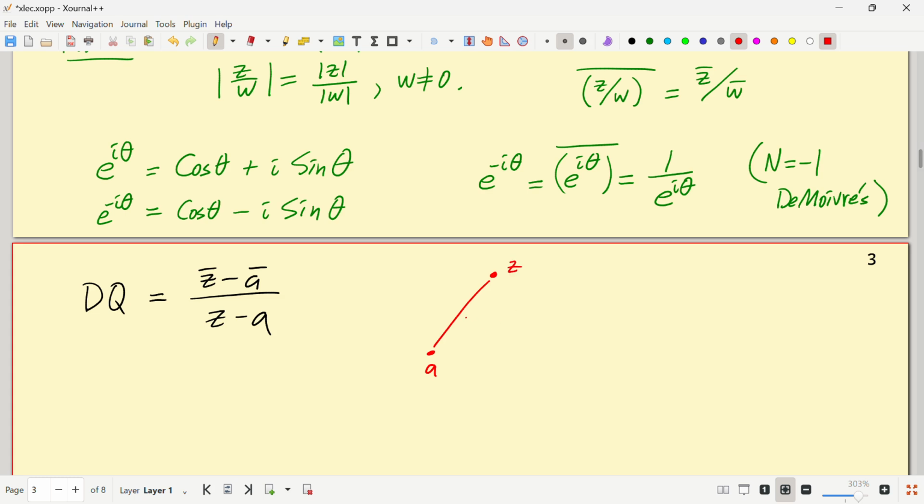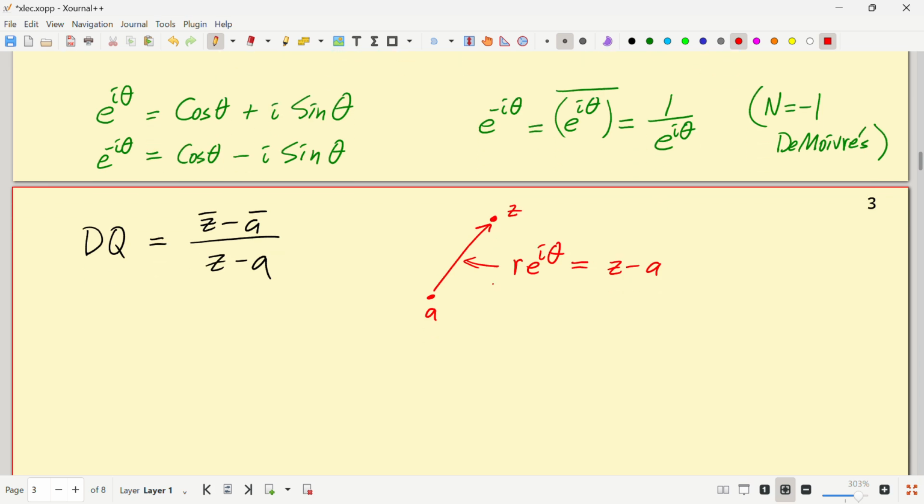And I'll write this complex number that represents that thing right there as r e to the i theta. So that's going to be equal to z minus a. That's like a would be the origin, and that arrow represents the complex number z minus a, which in polar form I'll write r e to the i theta.